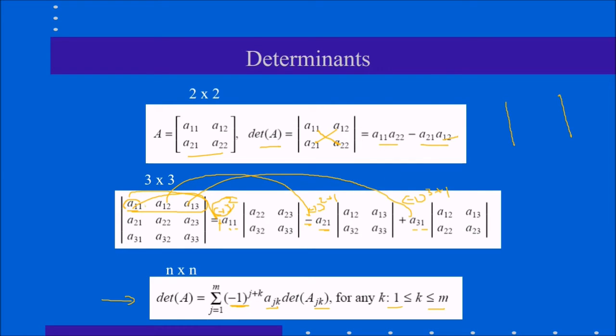And then when we are placing them, we have to find out whether the sign is minus or plus, using minus 1 to the power j plus k. So how has this come? When we are taking a11, we'll drop all the values in the row and column to which a11 belongs. So what is left? A22, A32, A23, A33.